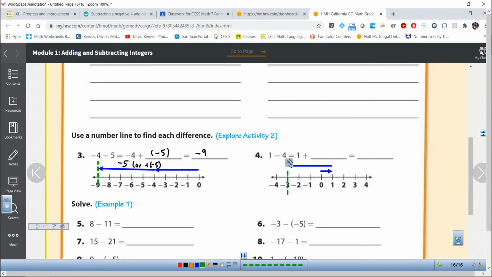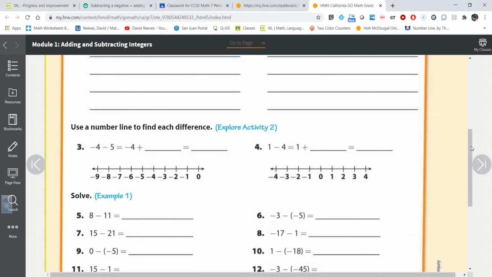That puts me at negative 3, okay? So 1 minus 4 is the same as 1 plus negative 4, because remember, when you go back to the left, that's subtracting 4, which is the same as adding negative 4. All right, but now what do I have more of? I have more negatives. How many more negatives do I have? I have 3. All right, so that's with counters and the number line.